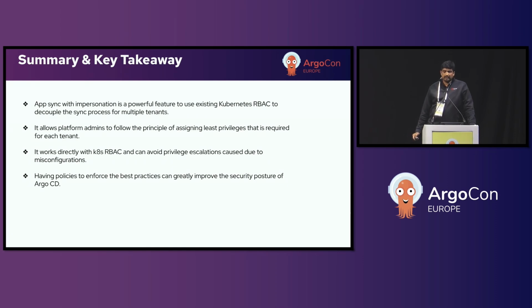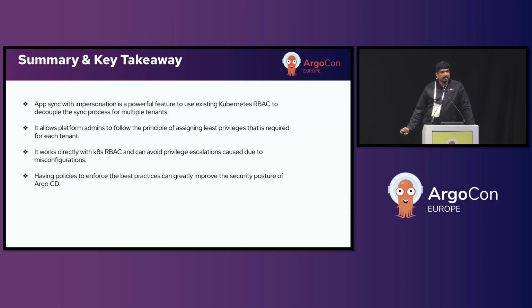So key takeaways. This is a powerful feature, app synchronization using impersonation. It will help you decouple the sync process between multiple tenants. It allows platform admins to follow the principle of least privilege, so that each tenant will be given exactly the privileges required for that tenant.